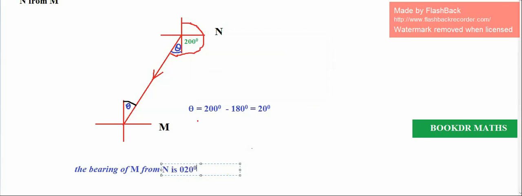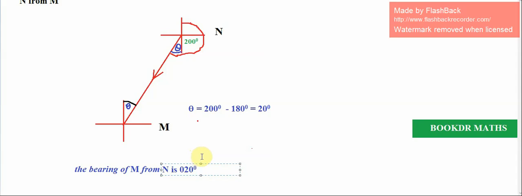Remember, we are doing 3-digit bearing: 020 degrees. If the question is given in 3 digits and you are asked to find the reverse, do not forget to also leave your answer in 3 digits.